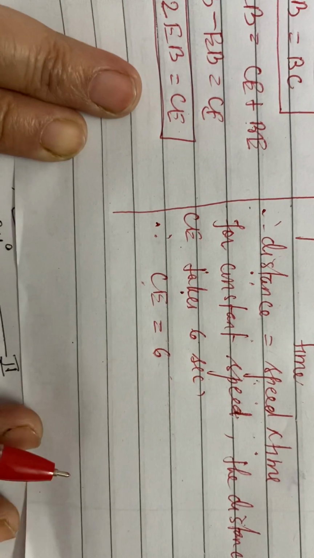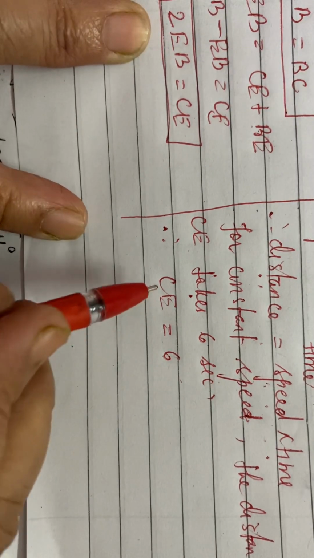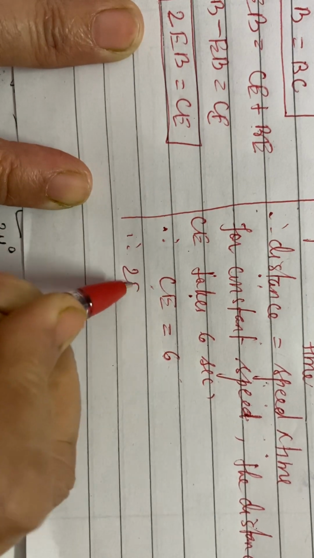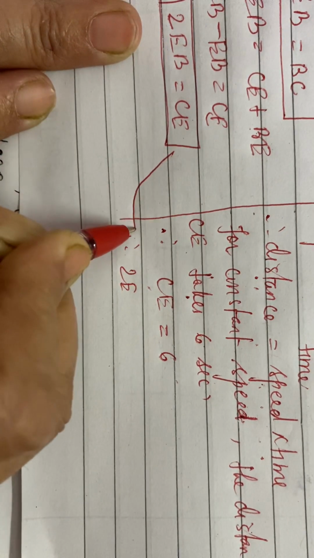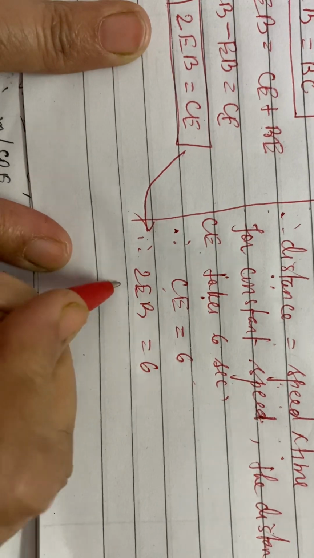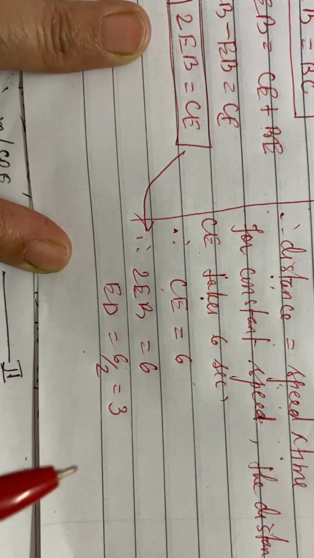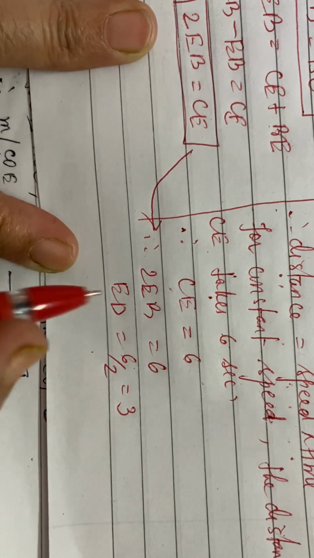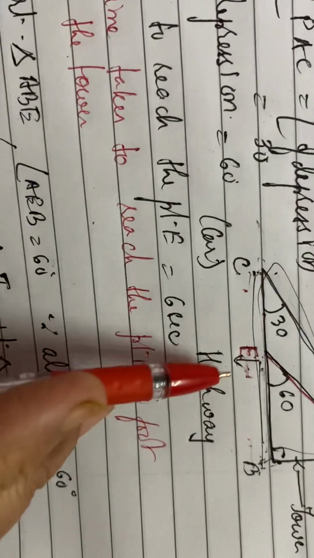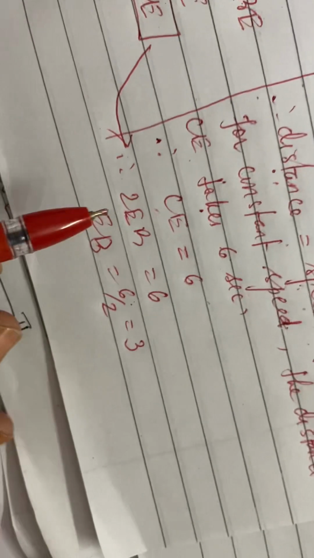But what is the CE? This CE is twice EB. So in place of CE, we write twice EB. Twice EB is equal to 6. So EB is equal to 6 upon 2, which is equal to 3 seconds. So to reach the foot of the tower, how much time will be taken? 3 seconds.